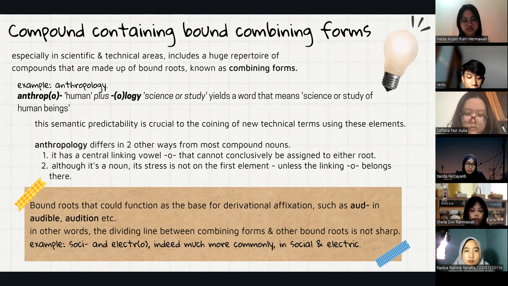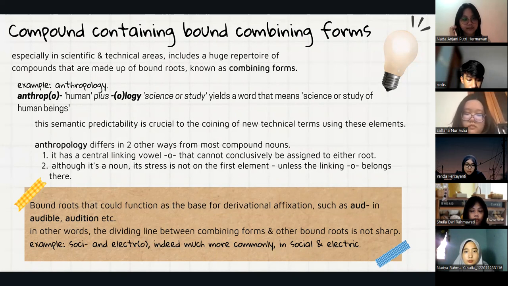Apart from containing bound roots, anthropology differs in two other ways from most common nouns. First, it has a central linking vowel O that cannot conclusively be assigned to either root. In this respect, it resembles many combining form compounds. And the second is, although it is a noun, its stress is not on the first element unless the linking O belongs there.